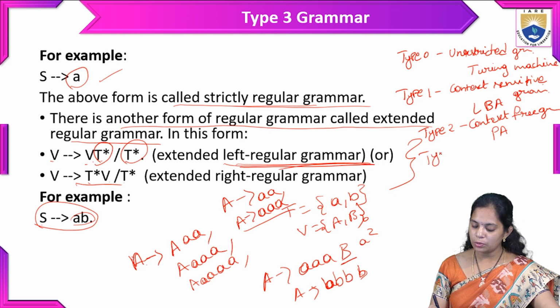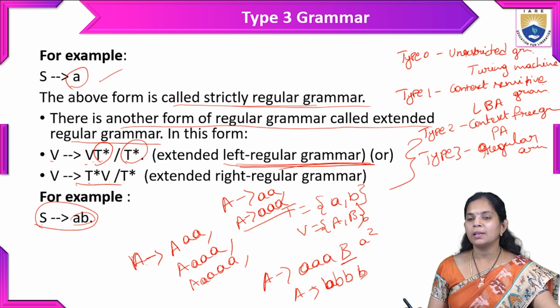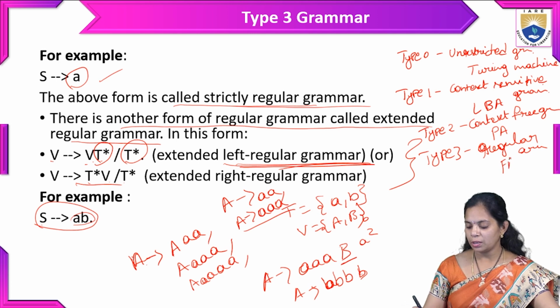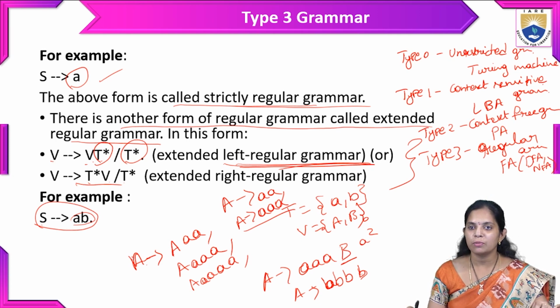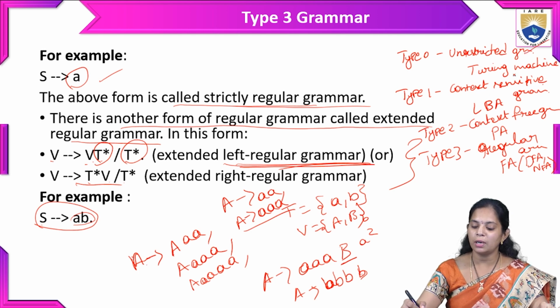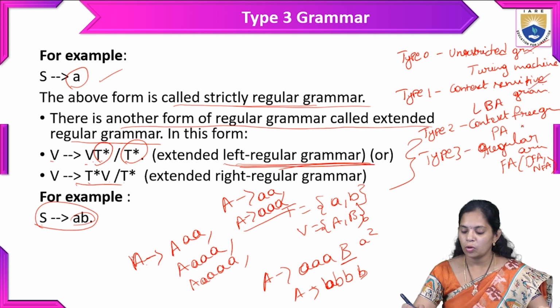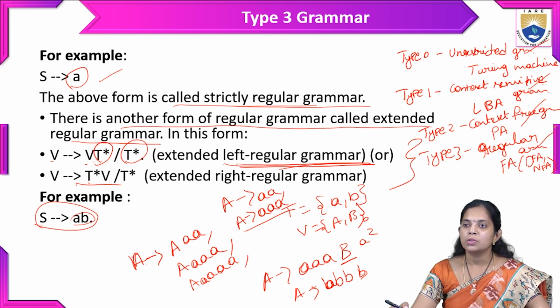And type 3 is a regular grammar, which is recognized by the finite automata, that is NFA, DFA. So these are all about the Chomsky hierarchy. It has 4 types of grammars: unrestricted grammar, context sensitive, context free, and regular grammar. So this is all about the Chomsky hierarchy.